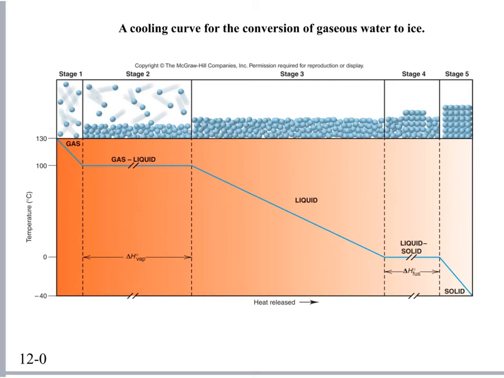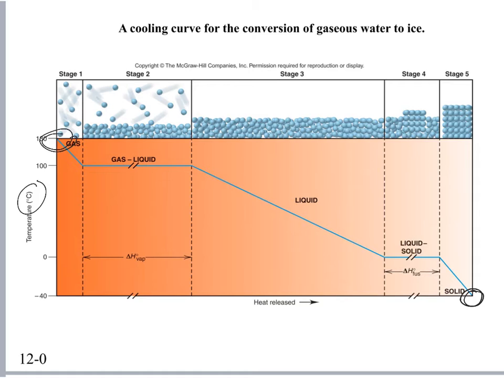This is kind of an interesting graph because it shows you the process of taking 130 degrees Celsius steam, super hot steam, and working from left to right, you're going to make this ice way down at minus 40 degrees.